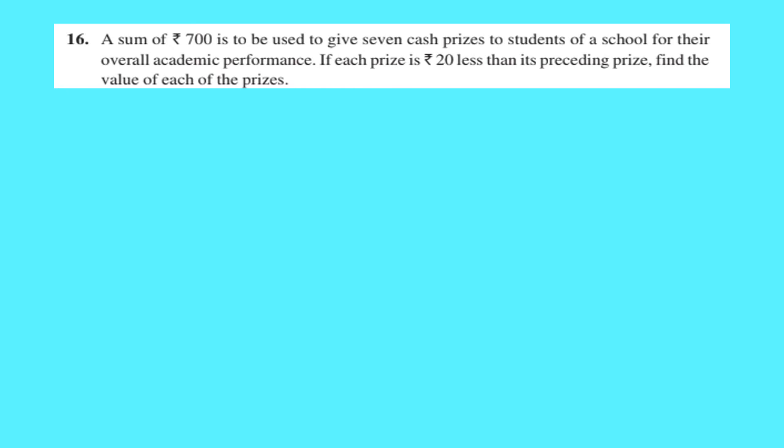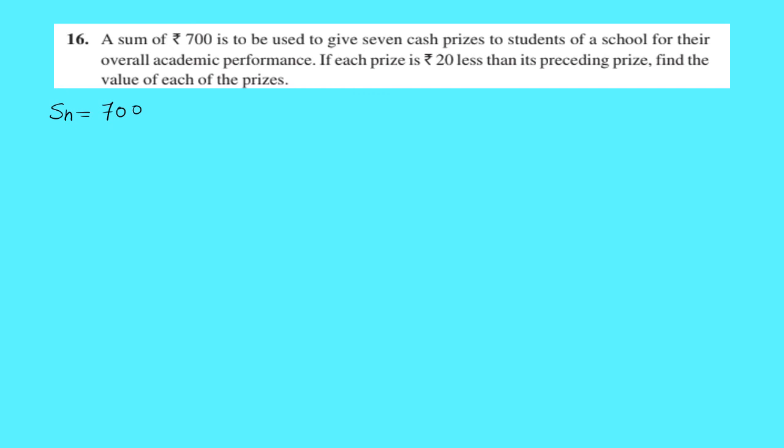Here, the total amount is rupees 700 and that is used to give 7 cash prizes, and each prize is 20 less than its preceding prize. That means the 7 prizes form an AP with a common difference of 20. That is, the sum of 7 prizes, you can denote it as Sn equal to 700.